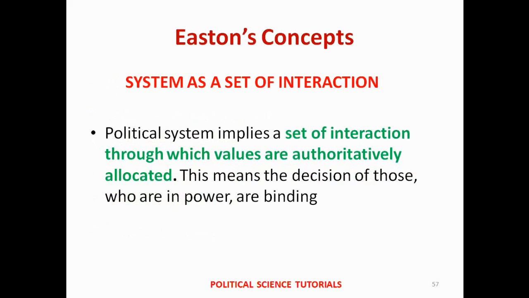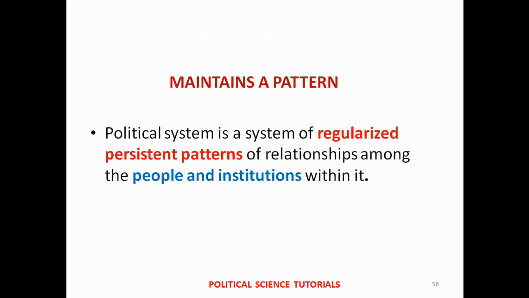First, the concept of system implies a set of interactions through which values are authoritatively allocated. Second, a regularized pattern is maintained for the persistence of the system. Third, self-regulating.